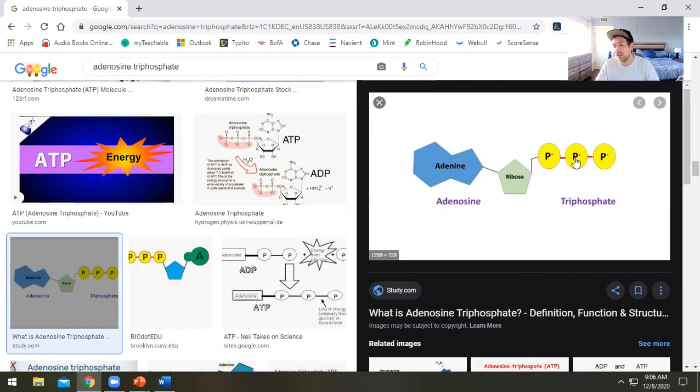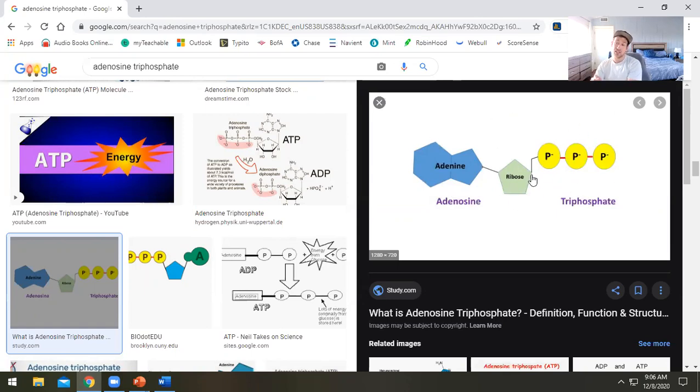These 3 phosphates have a ton of energy trapped within their little bonds, particularly right here. See how there's this little chemical bond holding this phosphate to this one? There's a lot of energy trapped in the middle of that bond. So what your body does is it stores all of its energy in the form of ATP.